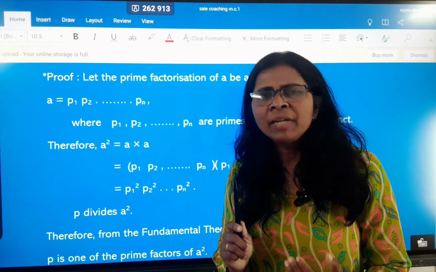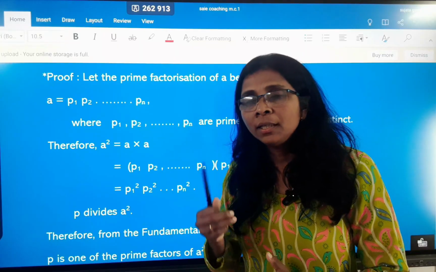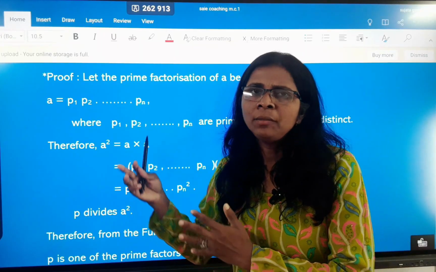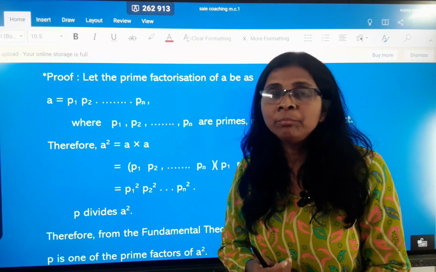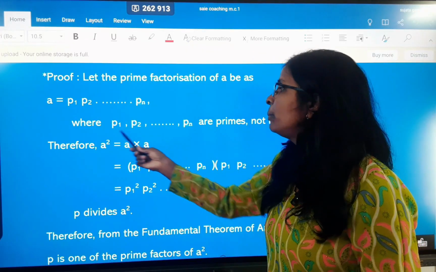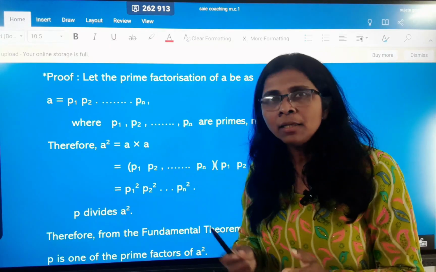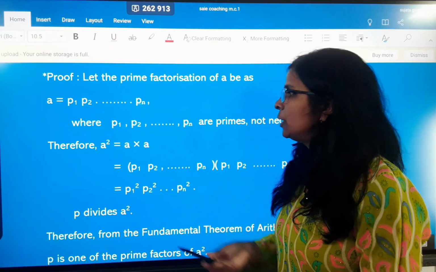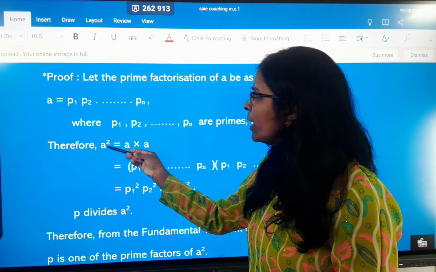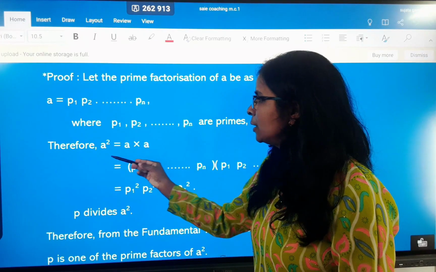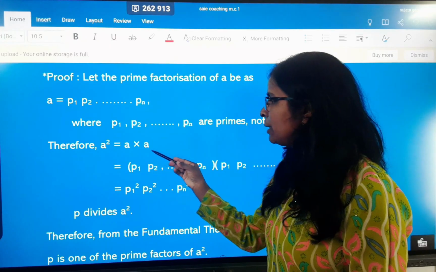That means p1, p2, p3 up to pn may be the same primes. Now, squaring a on both sides, that is a square is equal to a multiplied by a.